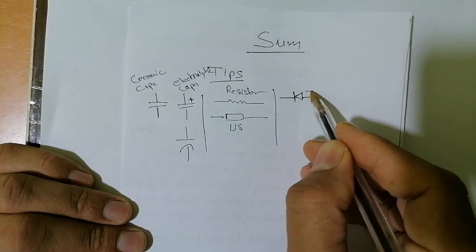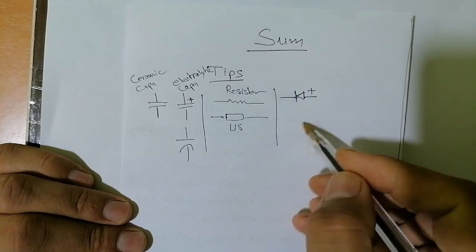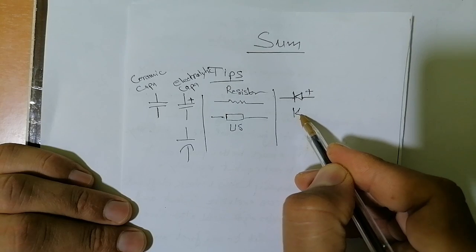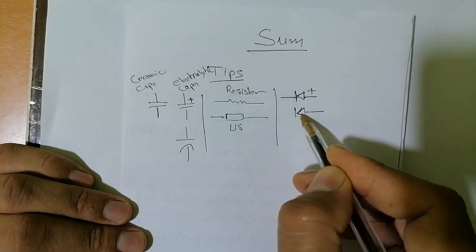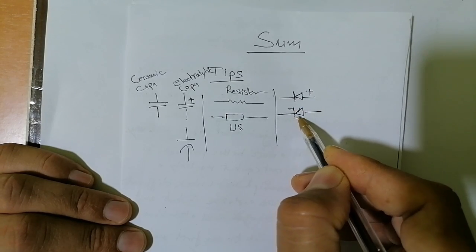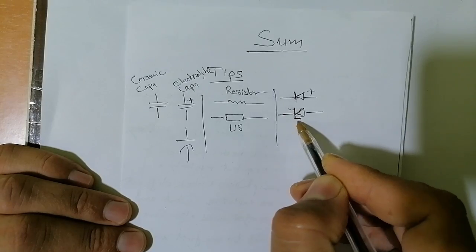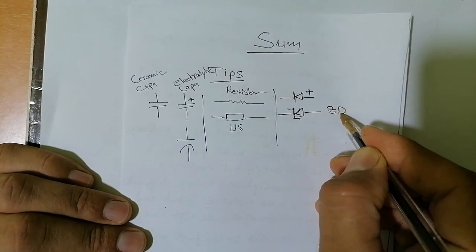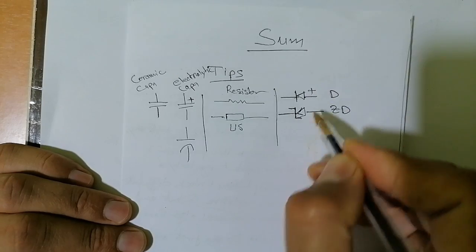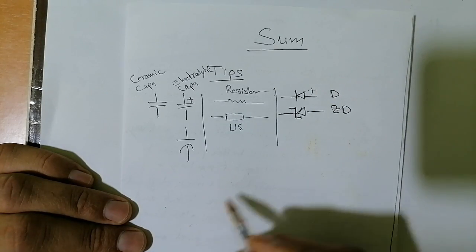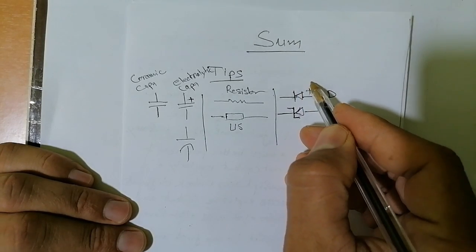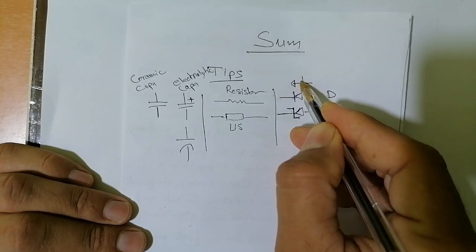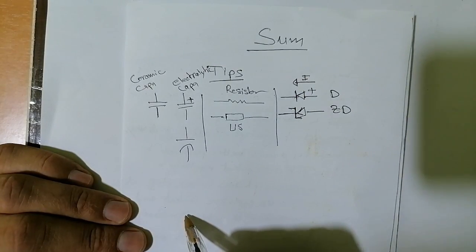Here we have the cathode and here we have the anode. For the Zener diode, you can find a similar symbol, but this is the Zener diode, and this is a normal diode. For a diode, the current passes in just one direction.